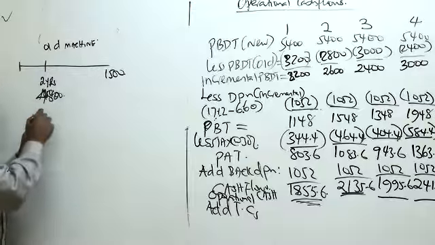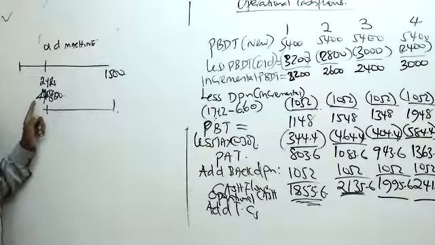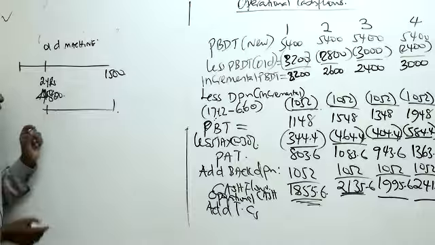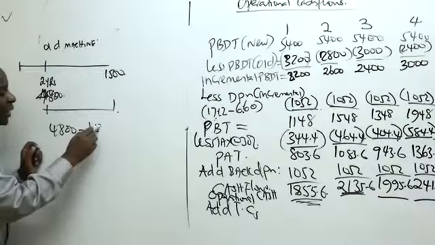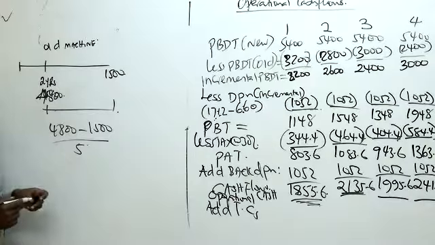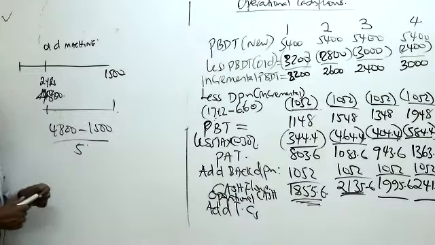So how do we get depreciation in between here? We'll take this net book value as the original cost for the period. So the original cost will be 4,800 minus now the scrap value of 1,500 divided by the 5 years. If you do it that way, you'll be able to get 660. Just try and then you tell me.